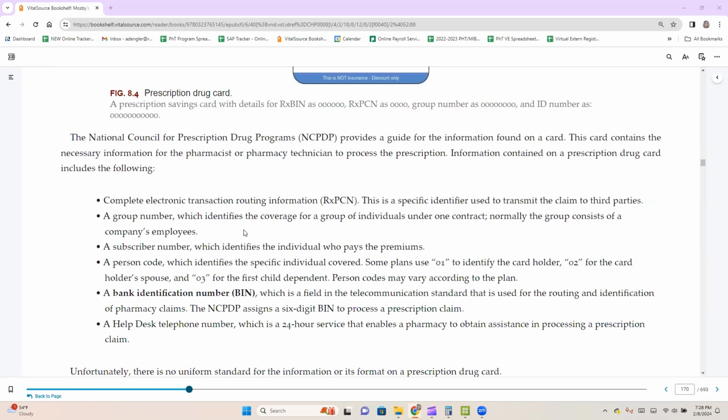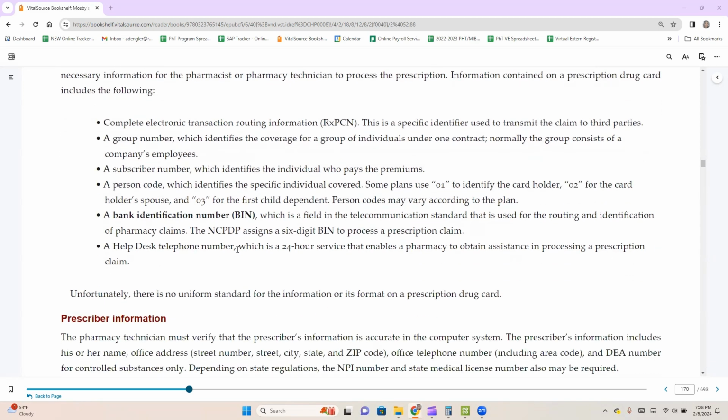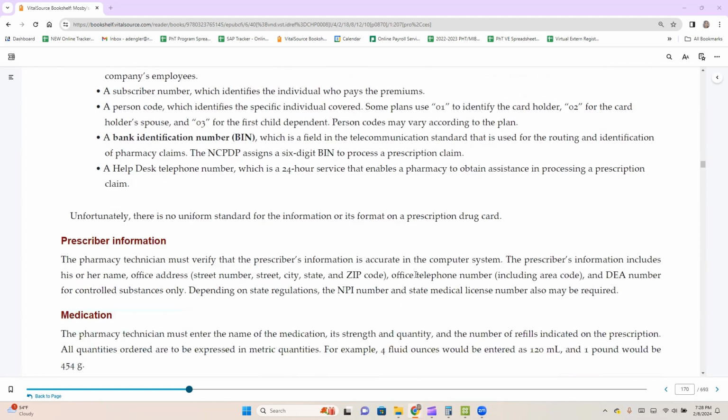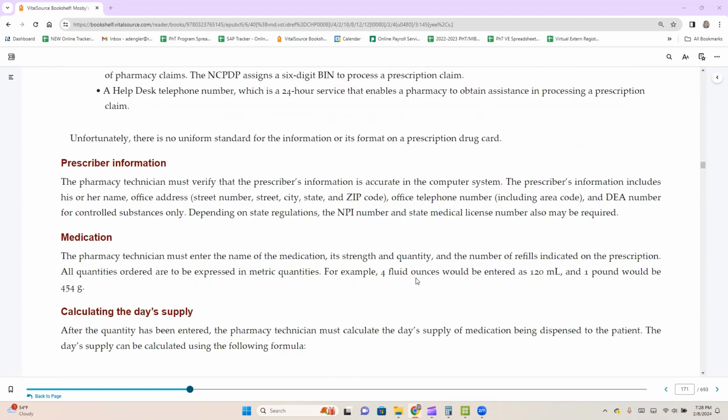We already know the PCN, the group number, the subscriber number, and a person code, which identifies the specific individual covered. Some plans use 01 to identify the cardholder, 02 for the cardholder spouse, and 03 for the first child dependent. A help desk number should also be on there, in addition to all the things I said before, which is a 24-hour service that enables the pharmacy to obtain assistance in processing a prescription claim.